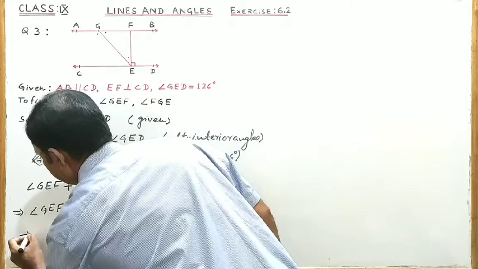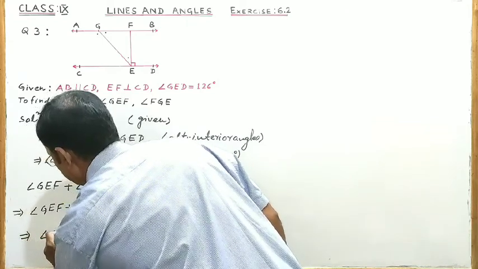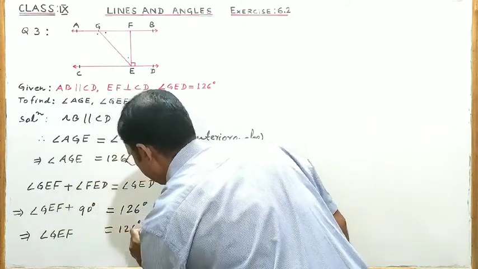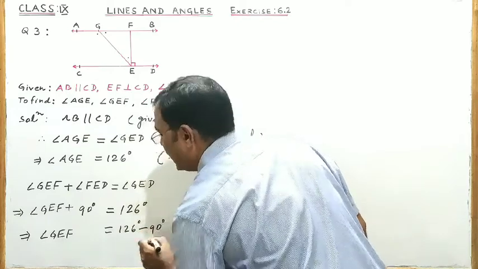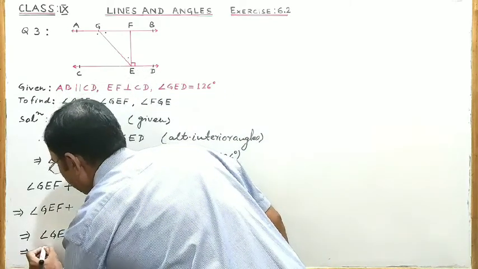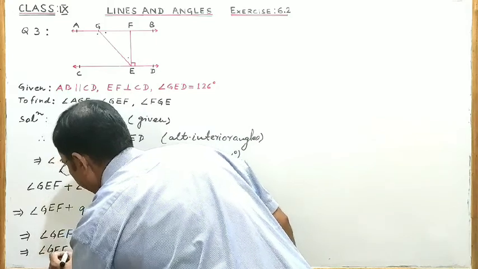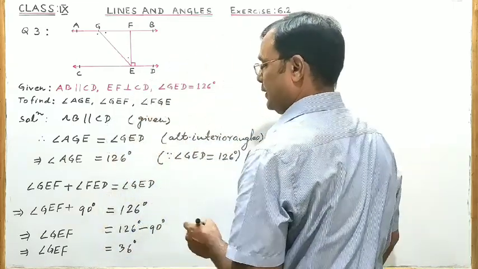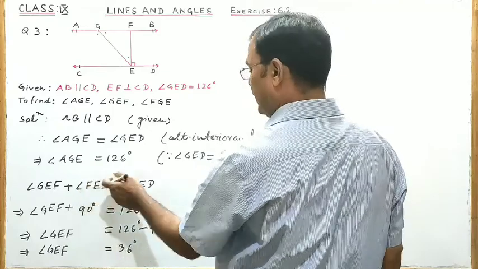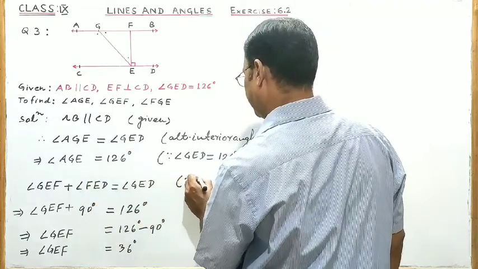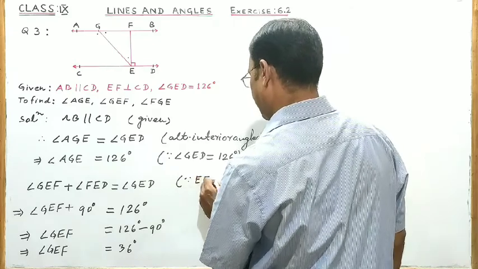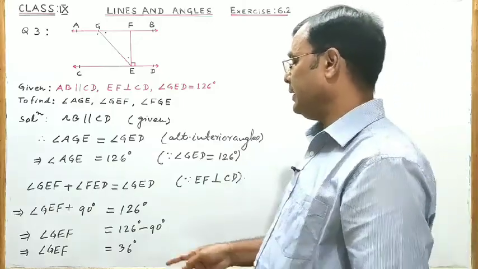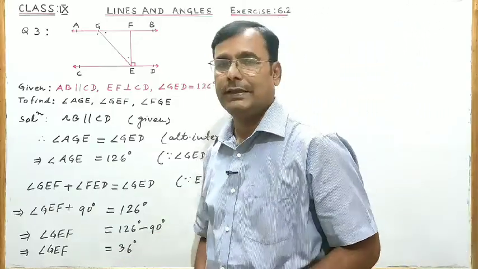And this implies angle GEF is equal to 126 degrees minus 90 degrees. So angle GEF is equal to 36 degrees. And the reason for angle FED, you can write EF is perpendicular to CD.